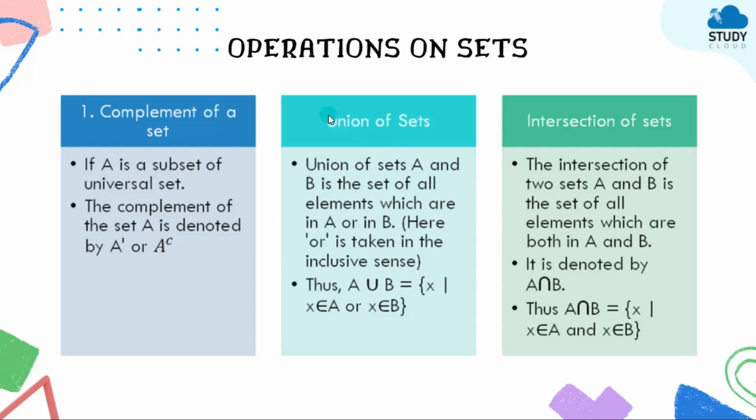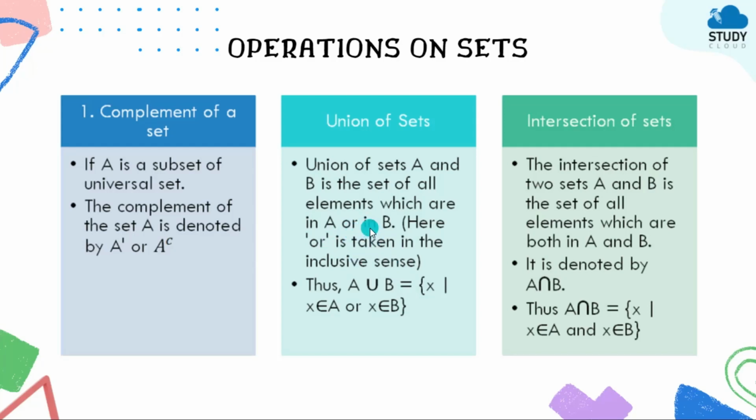Then union of sets. Union of sets A and B is the set of all elements which are there in A or B. Here OR is taken in the inclusive sense. So remember, all those values which are there in A or B, OR is quite important here.